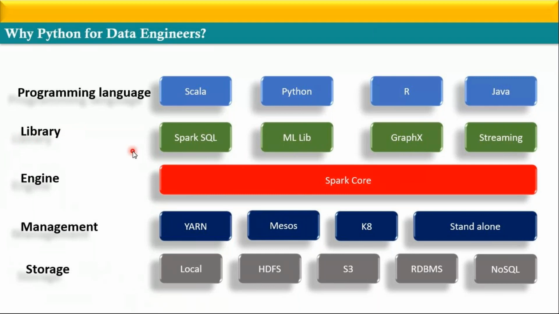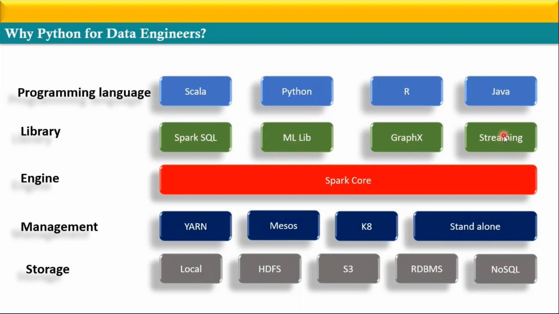Whatever operations Hadoop was able to perform, say Hive was using an SQL-like language, over here we are having Spark SQL. Inside Hadoop, Mahout is there for machine learning. Over here, MLlib is there, the machine learning library.